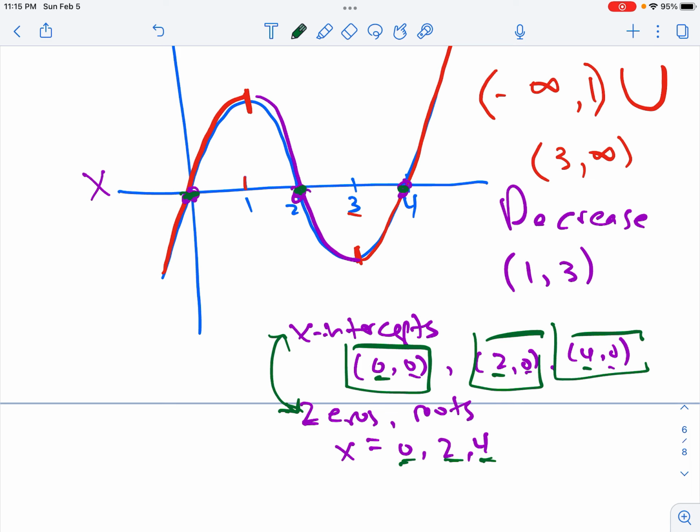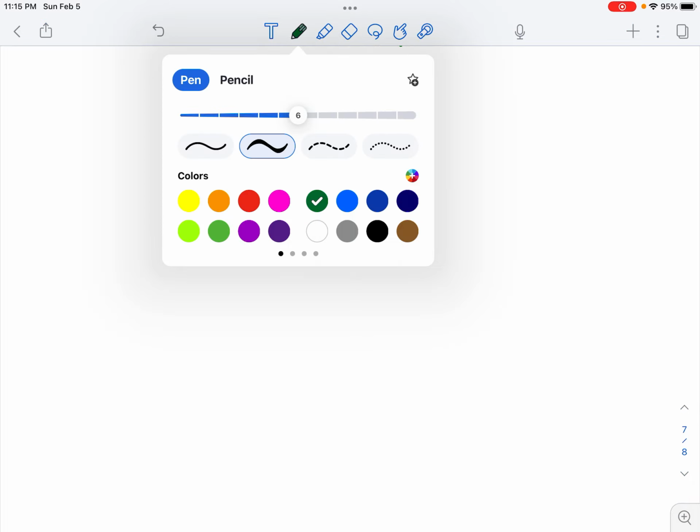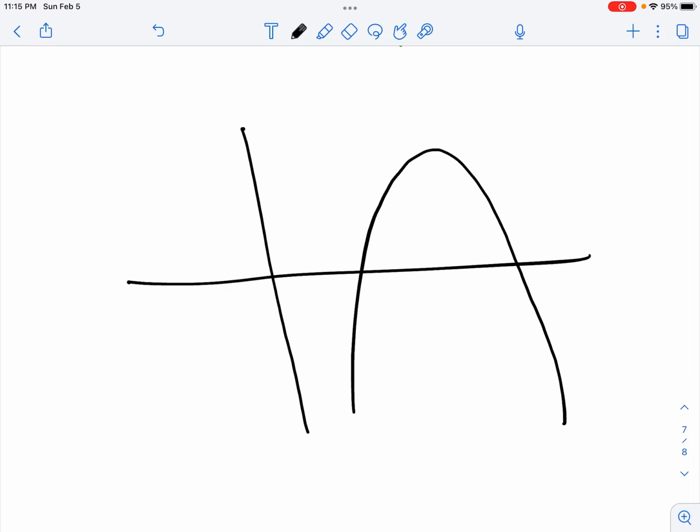Okay, let's do another example here. Okay, so let's do this guy. Okay, 5, 6, 7, and let's have this be 10.